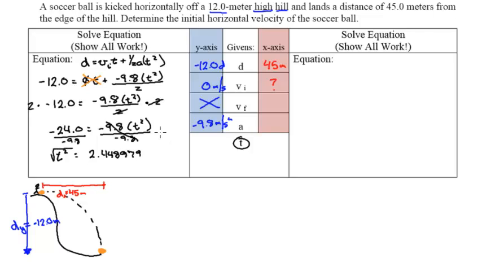Take the square root, t equals this number, 1.564921 seconds.